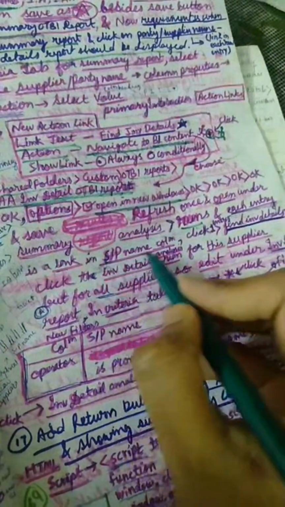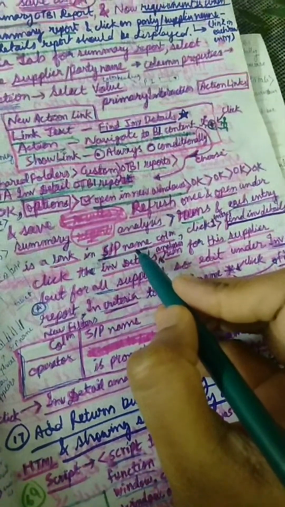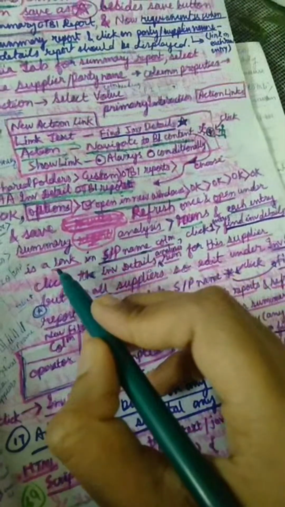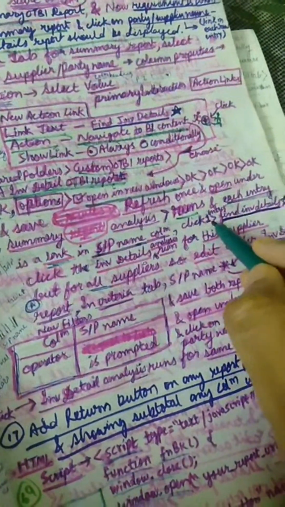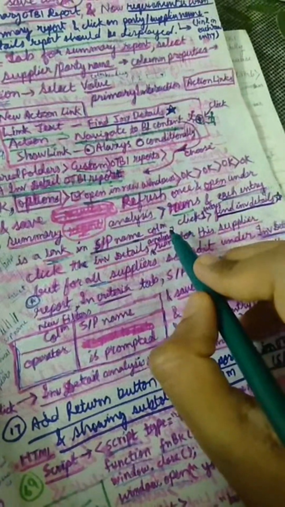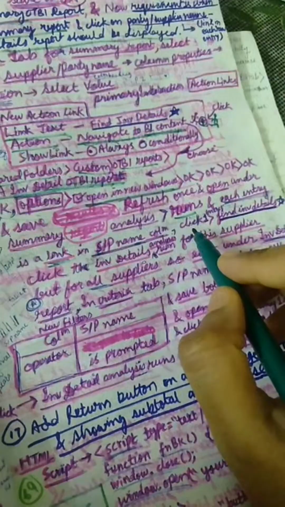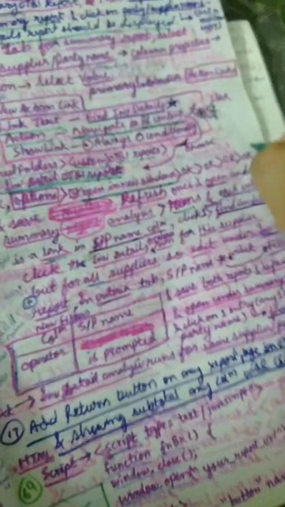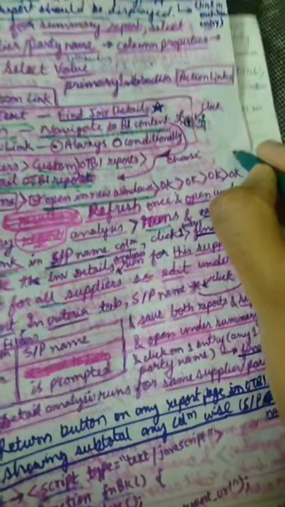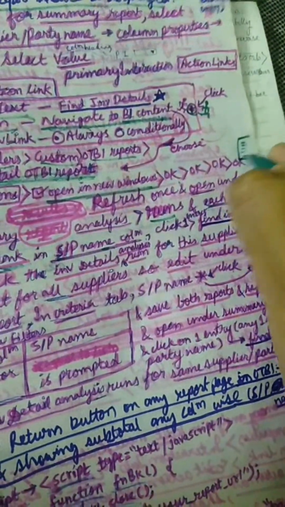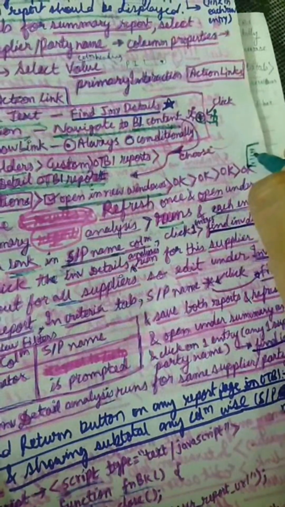Each entry of the column supplier or party name acts as a link, and I'll click on any one entry of the column value. Let's say you have an output like this. So just navigate to this column, supplier name.